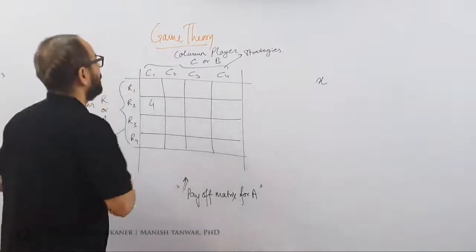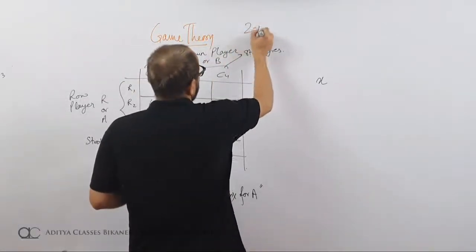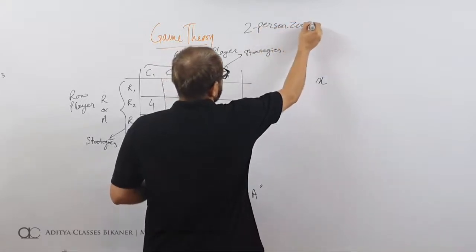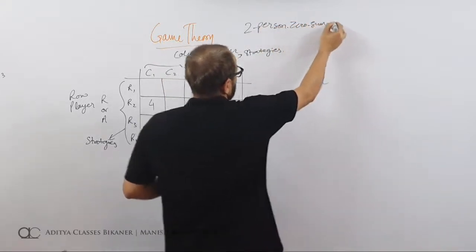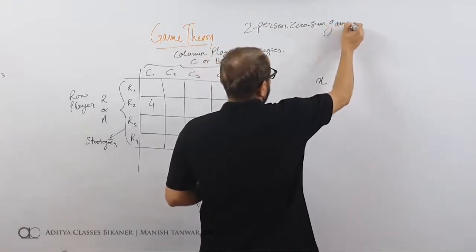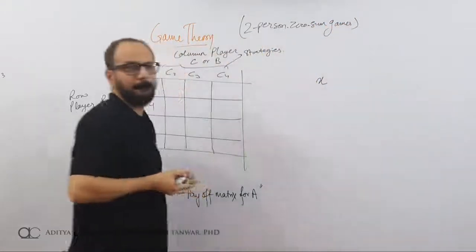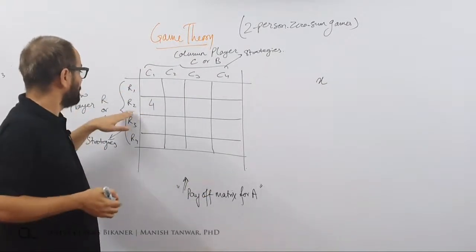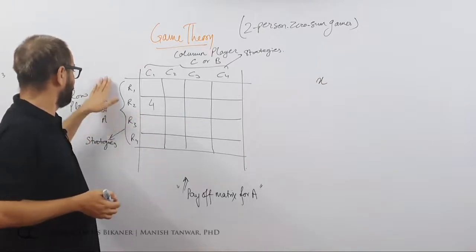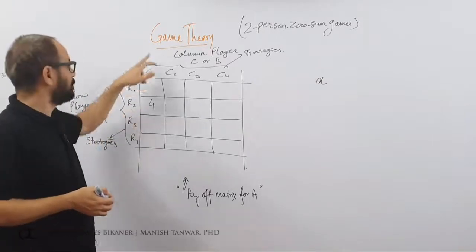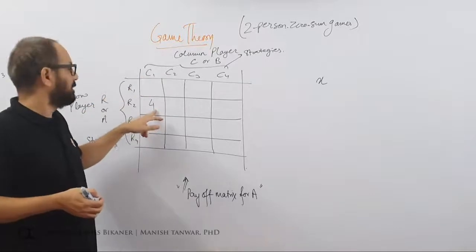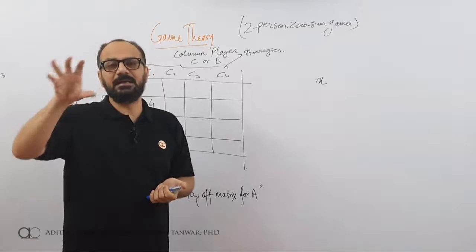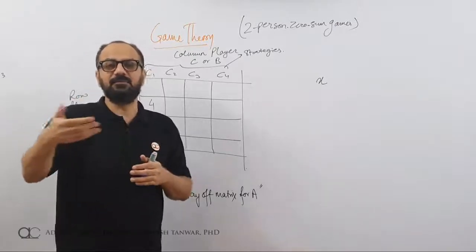Because we are taking only 2-person zero-sum games. Fine. What are we saying? That if you pick this combination, the row player takes strategy R2, the column player takes strategy C1, then the return would be 4 for A. I need not say the return of A will be 4.